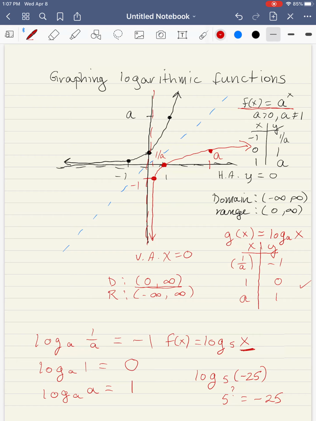That's not possible. I cannot take 5 to any power, even an irrational number, and end up with a negative answer here. So I can't do that. I can't take a logarithm of a negative number. And we can see on our graph that we do have our domain 0 to infinity.